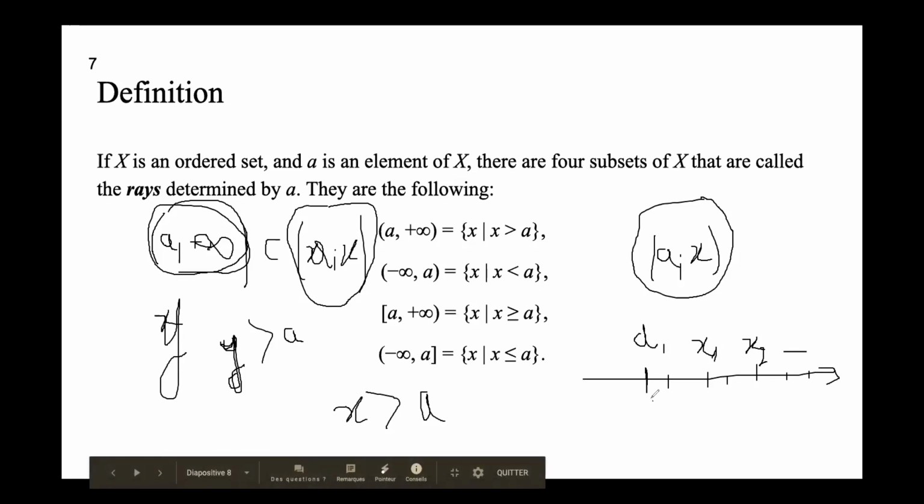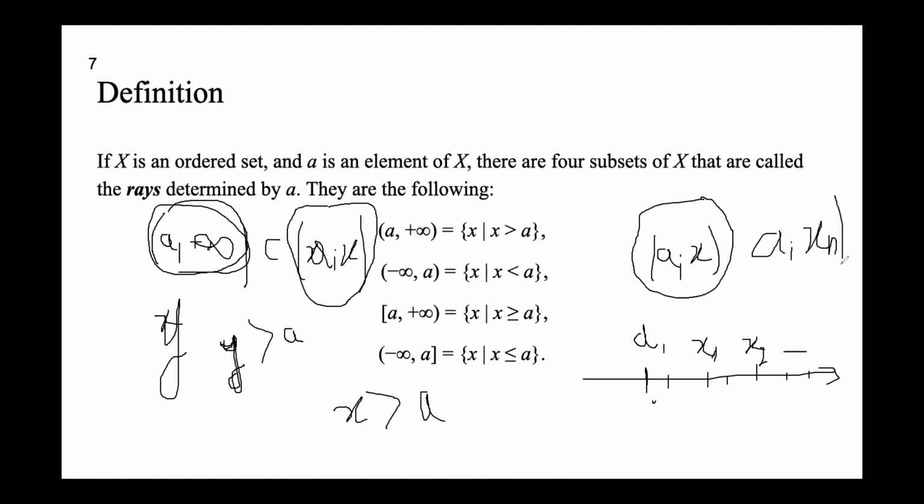Exactly. So there must be a set in this form, (A, X_n), that contains Y. And if there is a set like that containing Y, that means that Y is greater than A and smaller than X. So why does this kind of X exist?